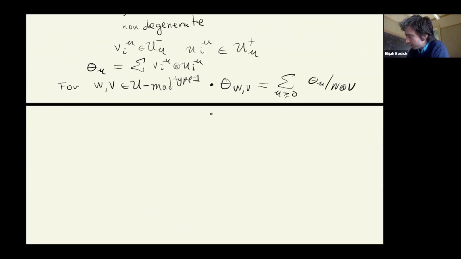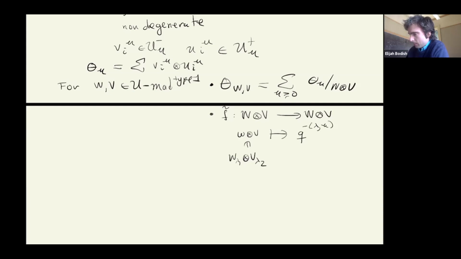There was one other ingredient, this map F tilde, which was somehow defined so that for each tensor product W tensor V, we had a map from W tensor V to W tensor V, which if I had little w, little v inside of the W lambda 1 tensor V lambda 2 weight space, this mapped to Q to the negative lambda mu times w tensor v, where this parentheses is the W invariant bilinear pairing on the weight lattice.